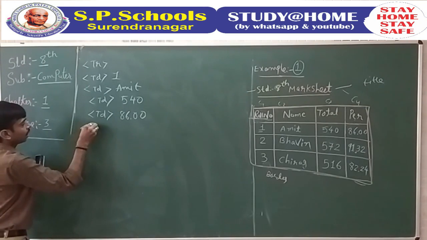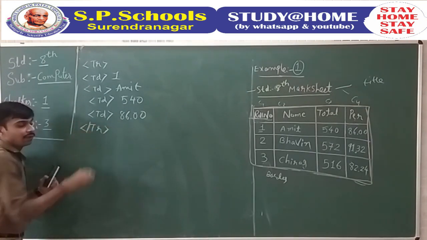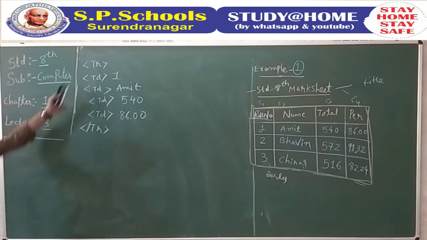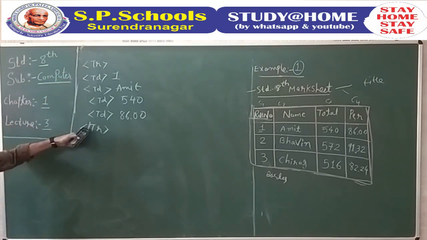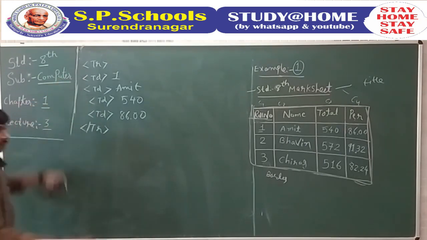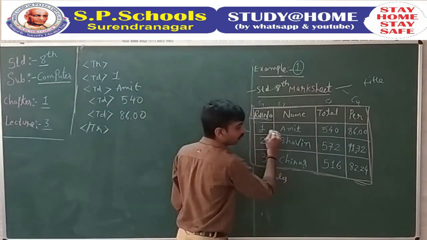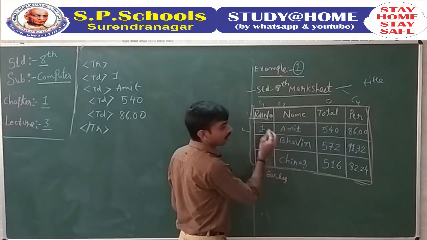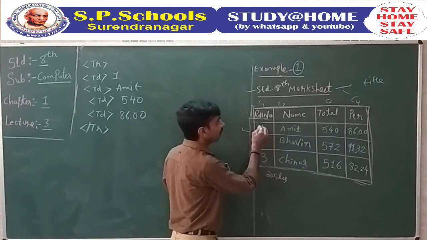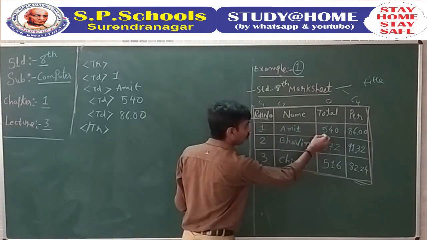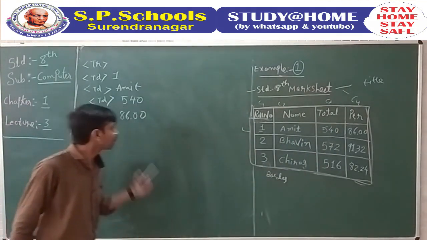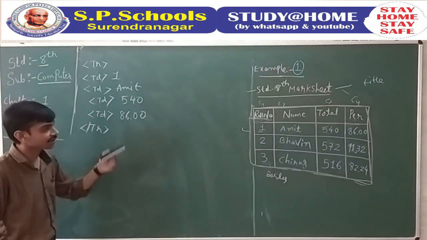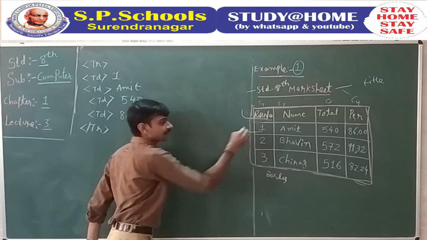So our first row is complete, and then the second row is also complete. The second row lies between 4 table data or cells: roll number, name, total and percentage. So we have finished just the first and second.